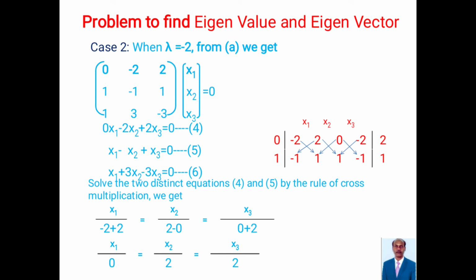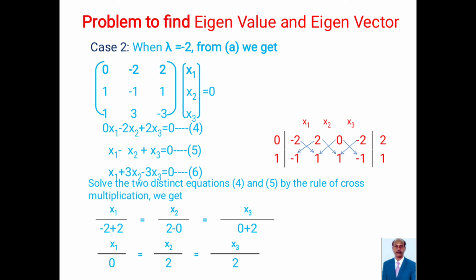So 2 minus 2 is 0, then minus 2, 2; then 1, minus 1, 1; 1, 3, minus 3; then x1, x2, x3. Again using matrix multiplication we form the three equations: 0x1 minus 2x2 plus 2x3 equal to 0, x1 minus x2 plus x3 equal to 0, x1 plus 3x2 minus 3x3 equal to 0.